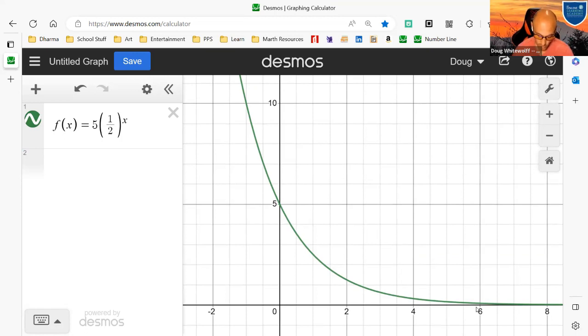Now, what do you think happens if I put a 4 up here in the exponent? So it's 4x instead of x. What's going to happen? Will it change the y-intercept? No, the y-intercept's still going to be 5.